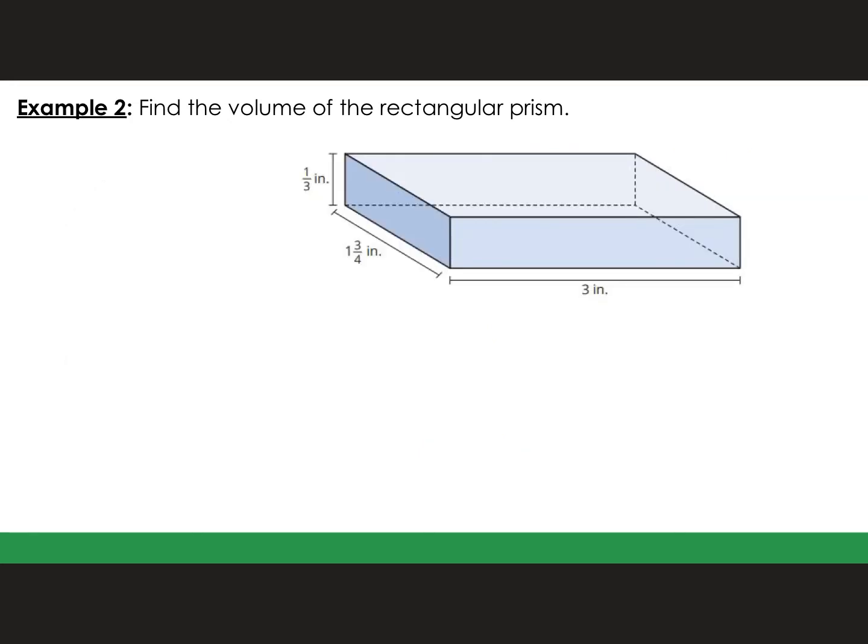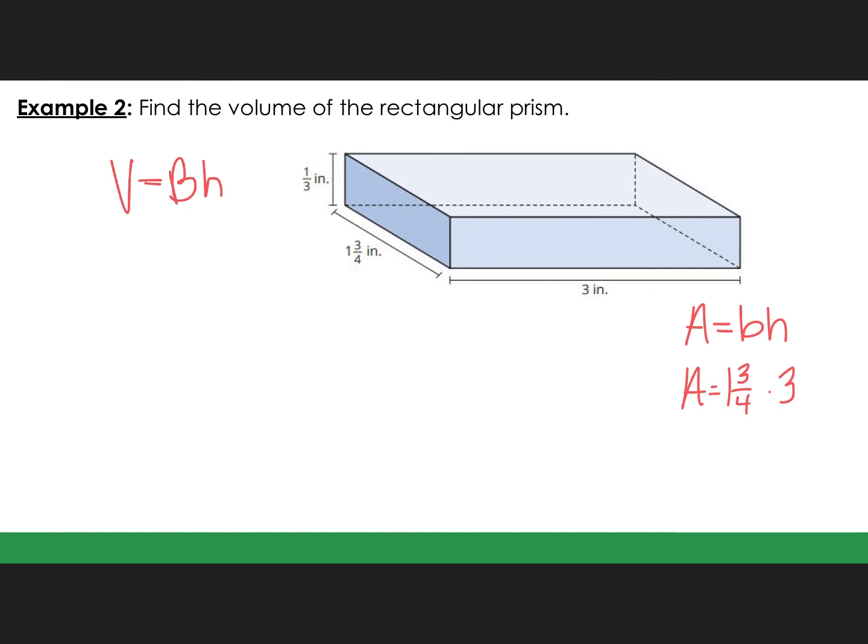So once again, we're going to put our formula. Volume equals area of the base times the height. So we need to find the area first, which is the measurement of the base times the height. So I have 1 3/4 times 3.